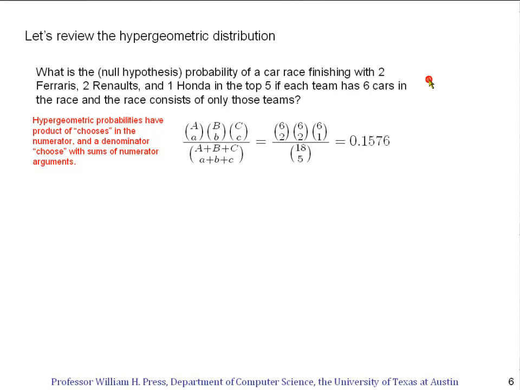So the answer to this particular little probability problem is about 16%, as you see here. Now what makes this a hypergeometric distribution is this property that you have a product of chooses in the numerator, and then a denominator which is the sum of the top rows of the numerator and the sum of the bottom rows of the denominator.